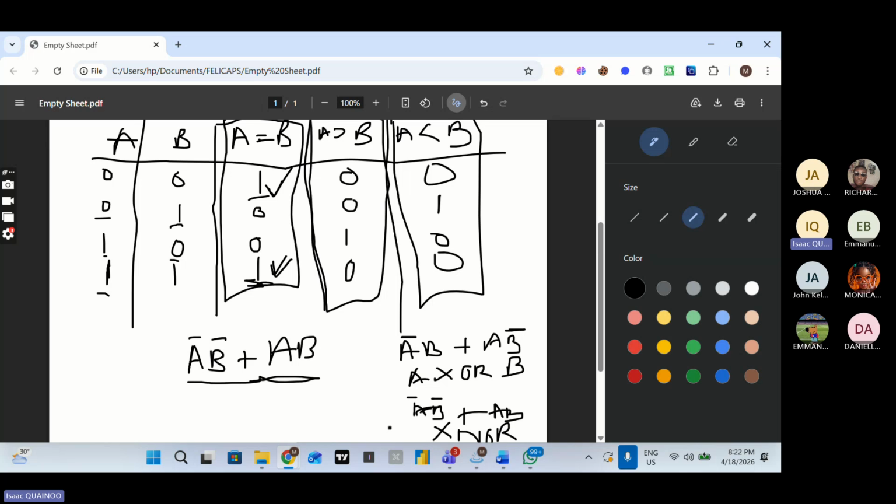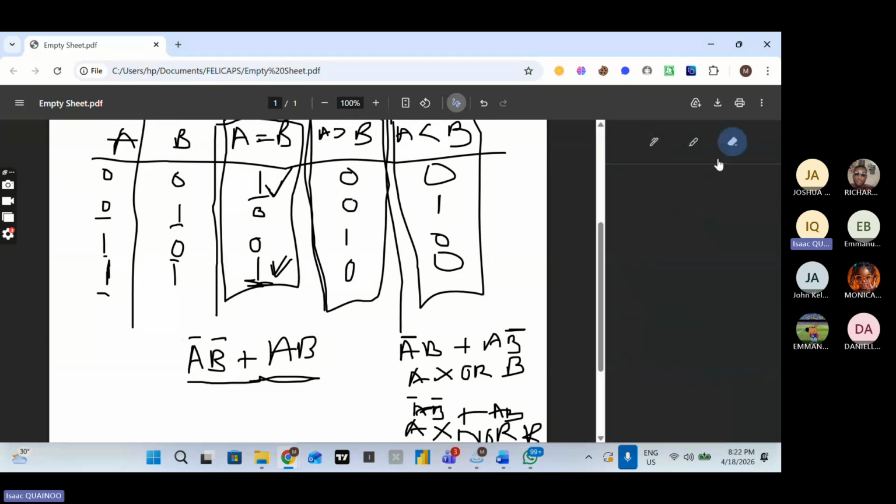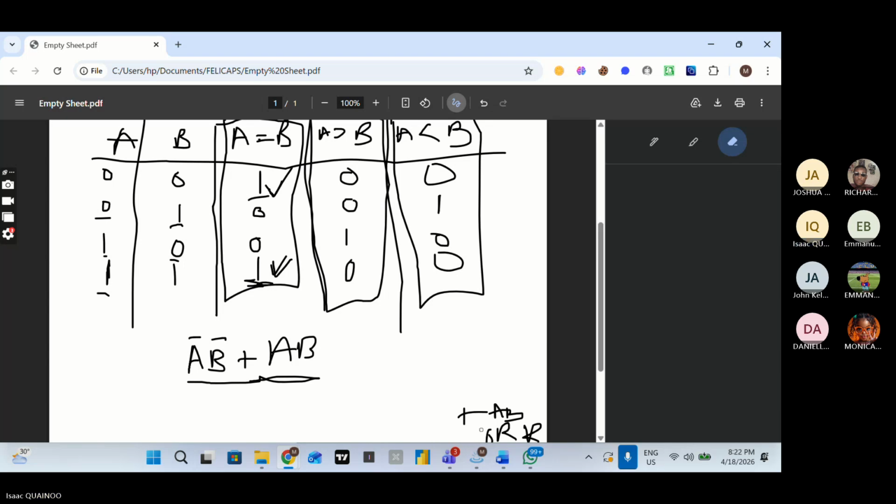Okay, so we are going to have A XNOR B. So let's just familiarize ourselves with this relationship, because it is mostly used, or it's mostly evident around this topic.